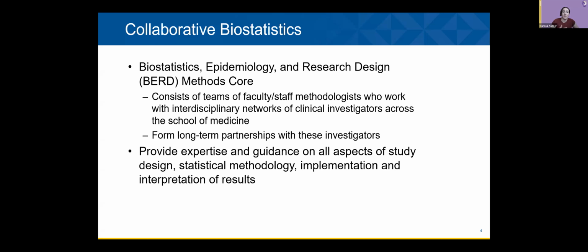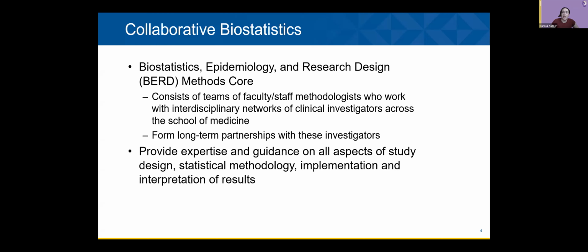But essentially, we live within the Biostatistics and Bioinformatics department at Duke. And our team, we all have effort across various different departments in the School of Medicine at Duke. And so each of those departments has a team of faculty and staff methodologists who work with interdisciplinary networks of clinical investigators across the school.